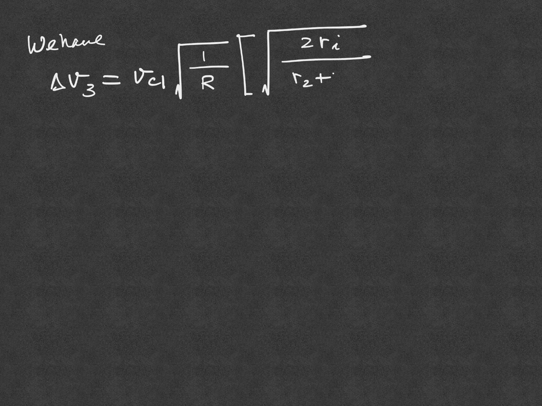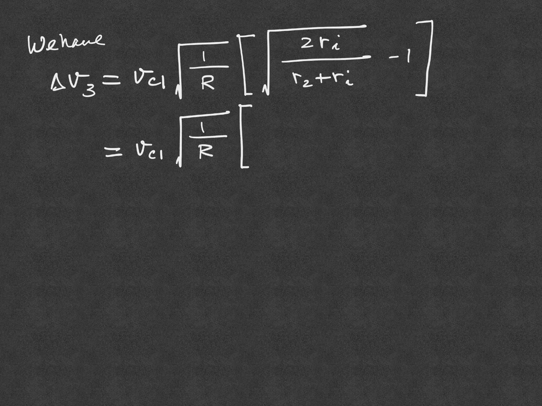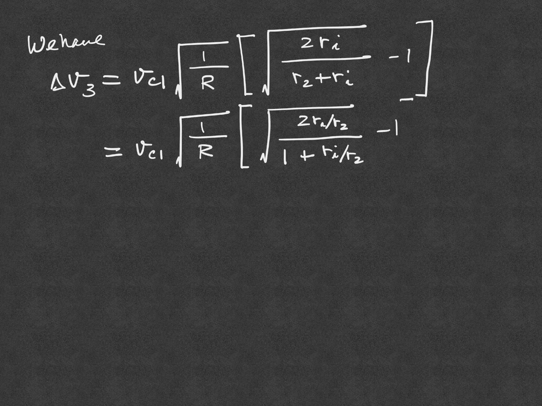all divided by R2 plus Ri minus 1, which can then be written as VC1 times the square root of 1 over R. And now, in a manner similar to what I did for delta V2, I'm going to divide the numerator and denominator inside the first square root by R2. So we get 2Ri divided by R2, all divided by, well, R2 divided by R2 is 1, and I get plus Ri divided by R2 minus 1. And that can be written as VC1 times the square root of 1 over R times the square root.